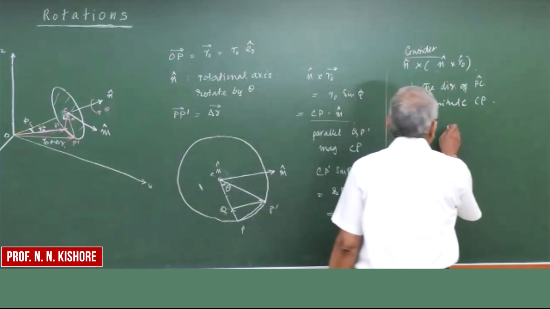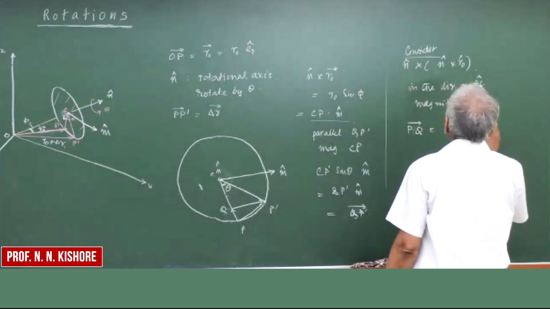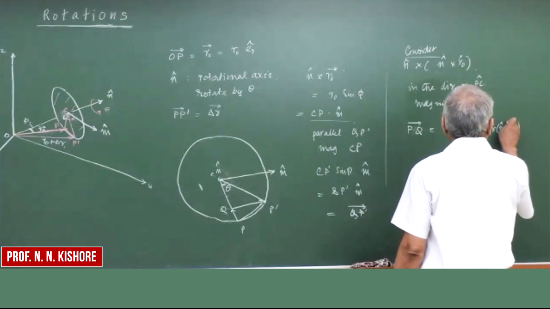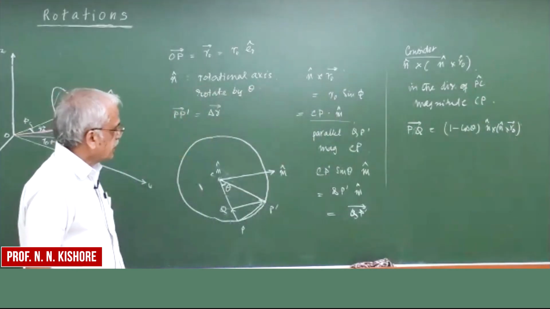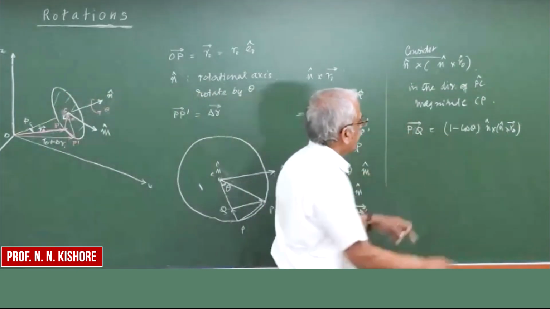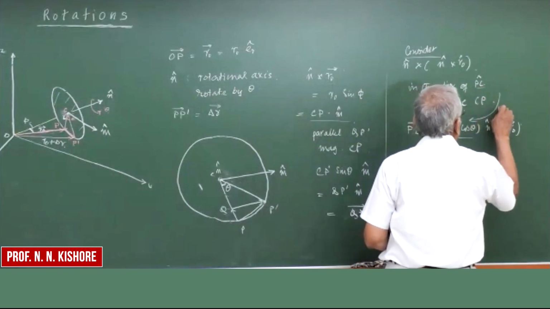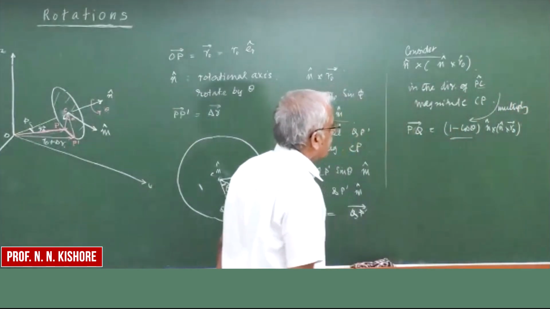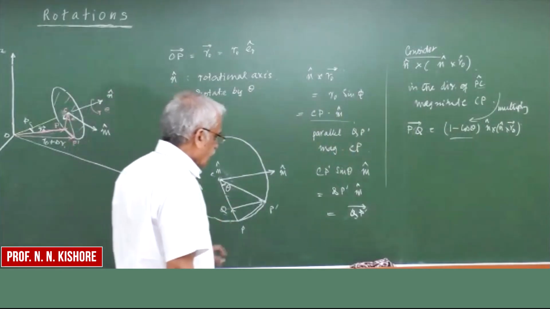So what if I multiply by 1 minus cos theta? You can very well see that its magnitude is PC, but multiplying with 1 minus cos theta, that's nothing but PQ itself. So this is all what we have.